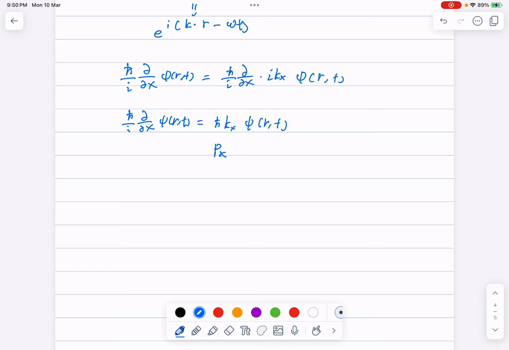That means that's the momentum in the x direction times psi(r,t).